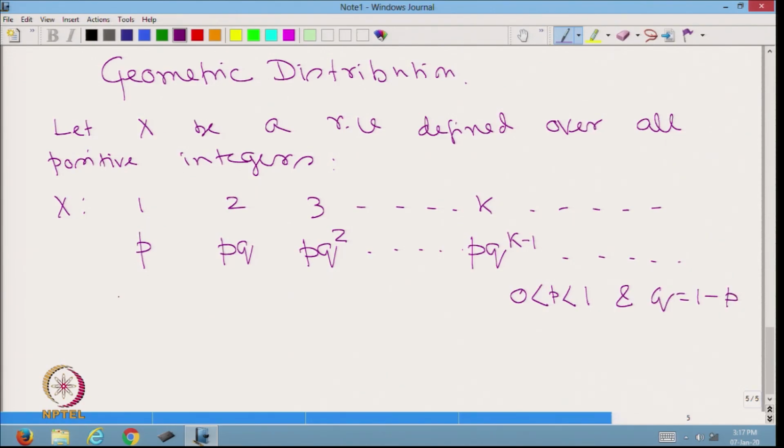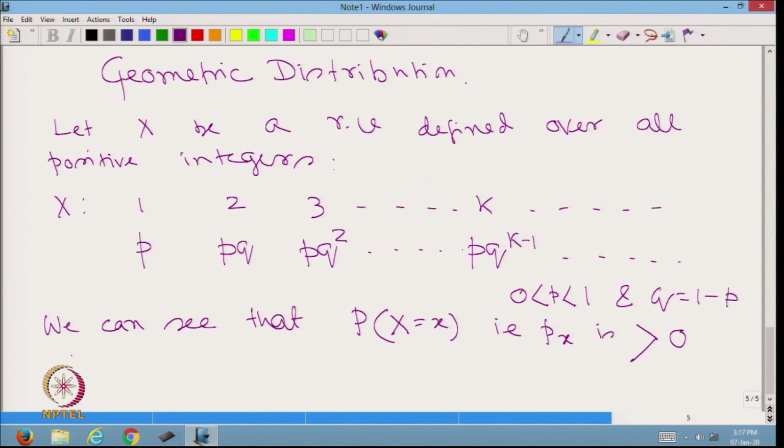Therefore, we can see that probability X equal to x, which we may denote as p(x), is greater than 0 for all x equal to 1 to infinity, because p is positive and q is positive, so their product is positive.